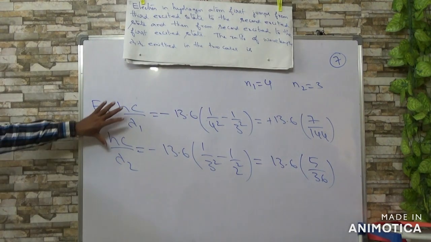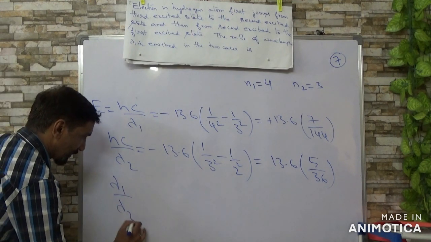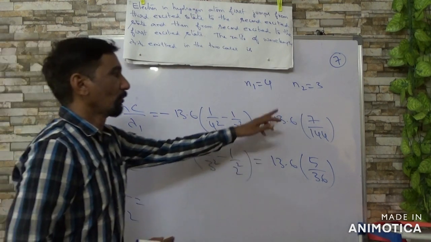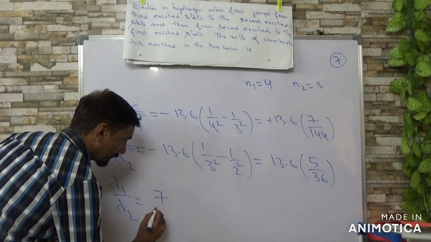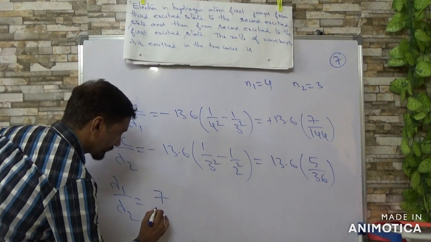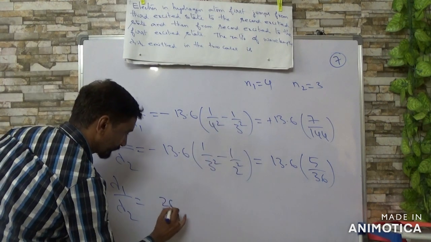Okay, when you take the ratio of these two, lambda 1 by lambda 2, these are all cancelled. You get 7 by 20 by 7, right? Reverse.